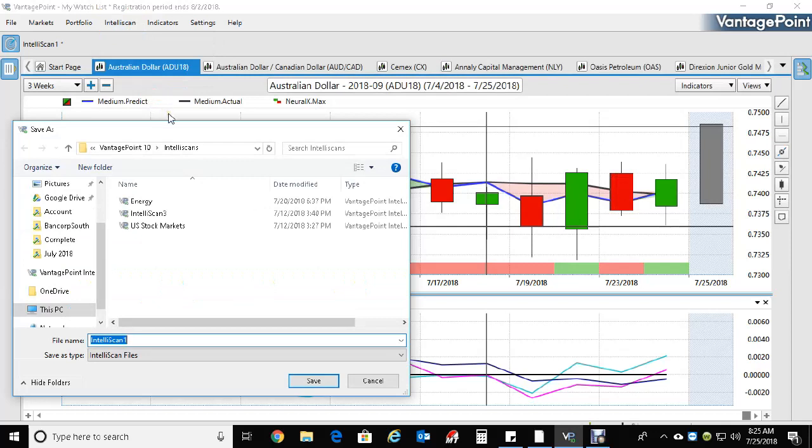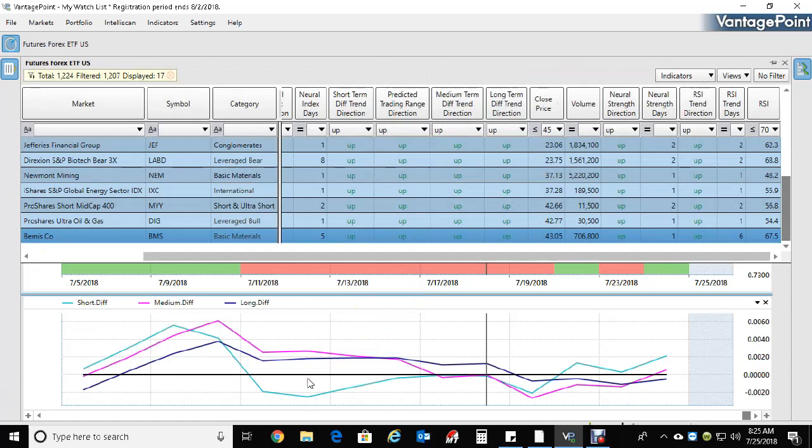So name it Forex, ETF, futures, US stock. Go ahead and type it, because there were a lot of names. Okay, so now we have saved it.